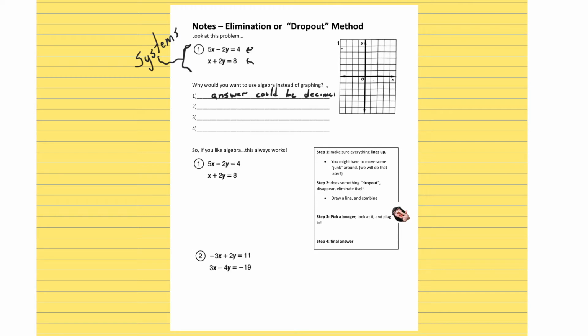That the graph might not intersect till off the graph, so we can't see answers. The third answer is nobody wants to get a y alone. So if we hate getting y alone, we know there's got to be a better way to do it.